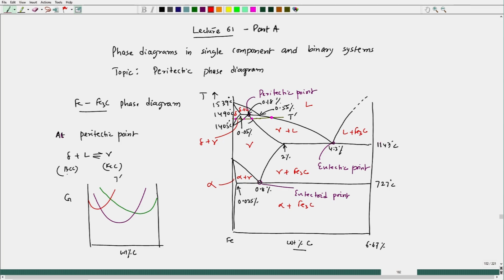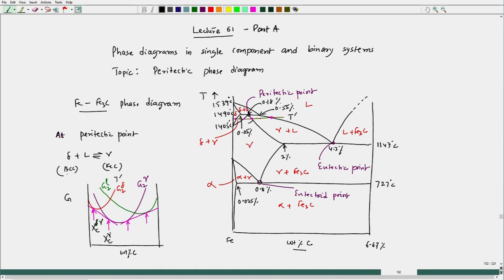In this case, we can have 2 tangents, this is one tangent, this is another tangent. These are the 4 compositions. This is xc of delta in equilibrium with gamma.